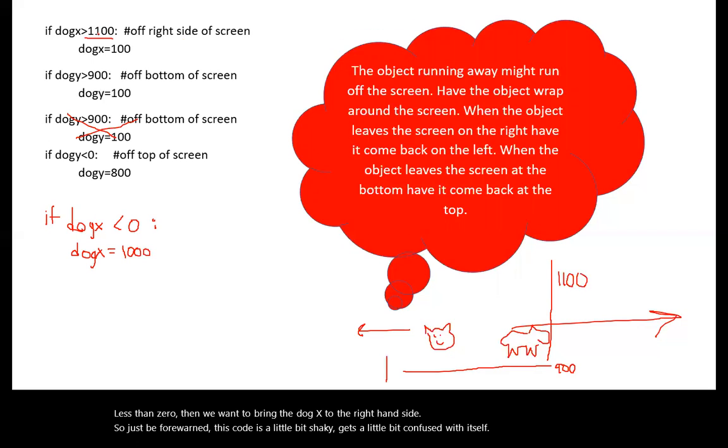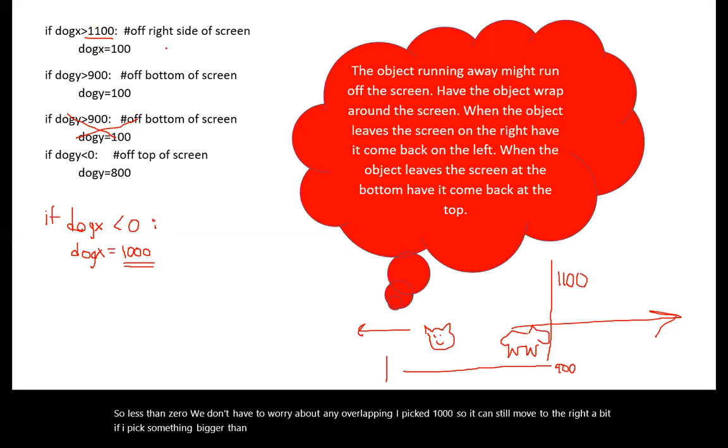And it's partly because some of these overlap. So less than 0, we don't have to worry about any overlapping. I picked 1000, so it can still move to the right a bit. If I pick something bigger than 1100, it'll just be going left and right and left and right, and it'll be a bit crazy. So just a warning, this code sort of works, but is a bit shaky.